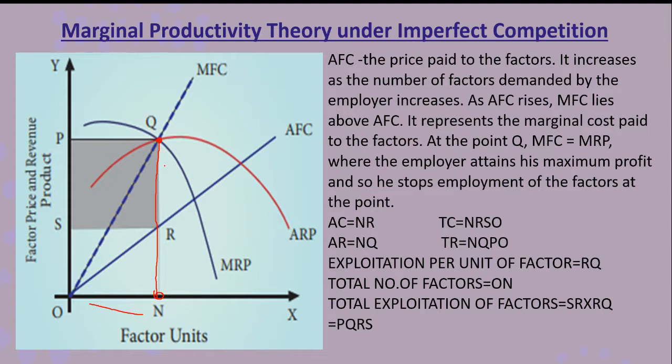Are you able to understand, girls? At the point Q, MFC is equal to MRP. That is the point of equilibrium, where the employer attains his maximum profit. So he stops employment of factors at this point.